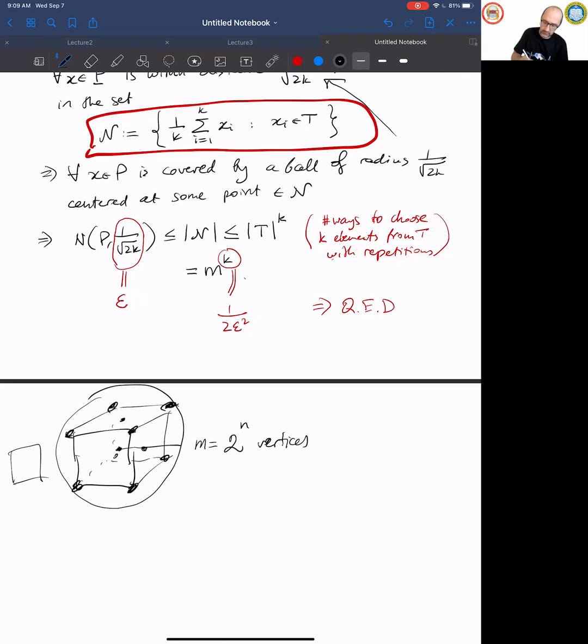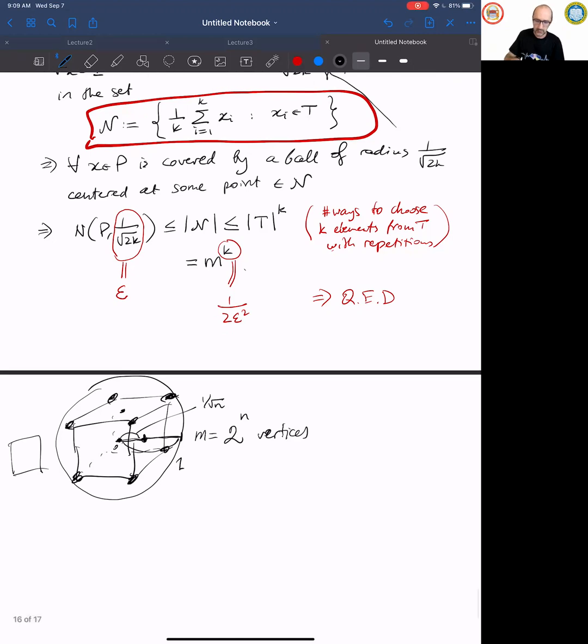If you walk from the middle toward the face and then to the sphere, this distance will be, let me think, I think 1 divided by root n compared to this. So the faces are too deep. The cube does not approximate the unit ball well.